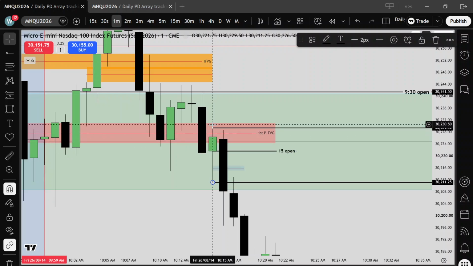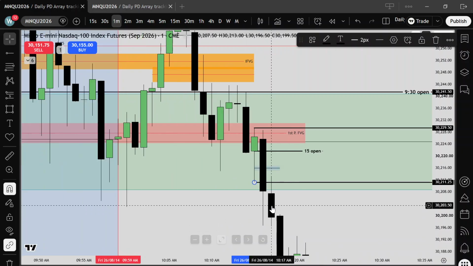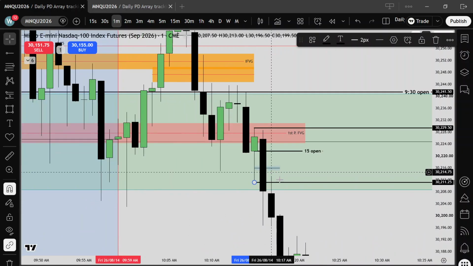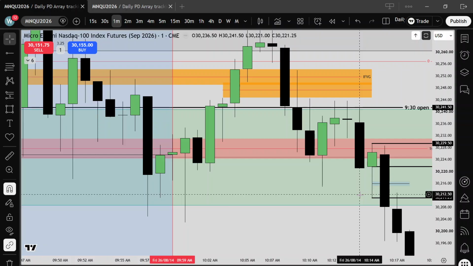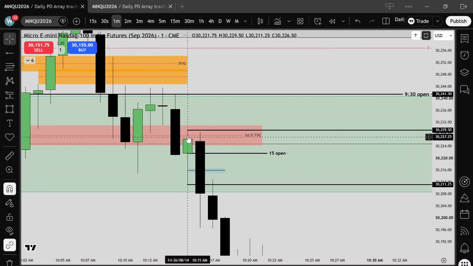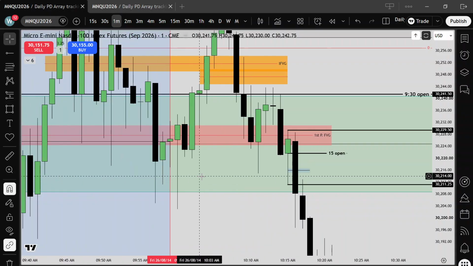It trades up above the opening price, manipulates, closes below it, a change in the state of delivery. Trades up into that, sell. Now look right here. Opening price, trades up and manipulates, body trades down below the opening price, body closes below that candle.